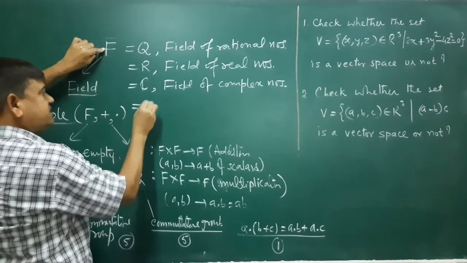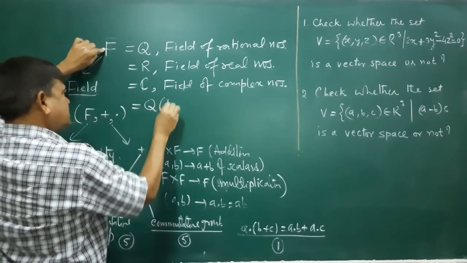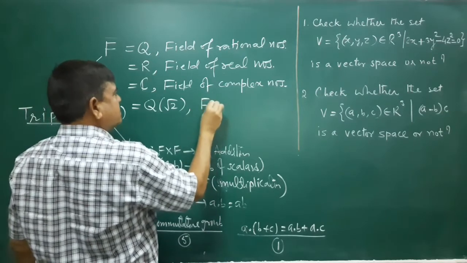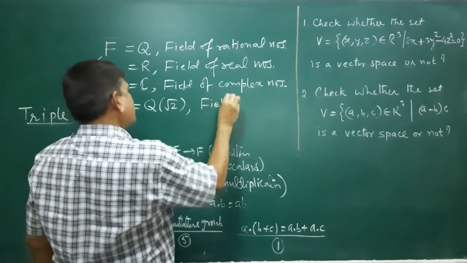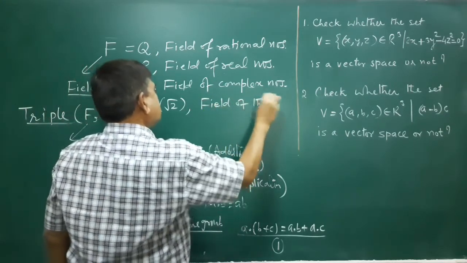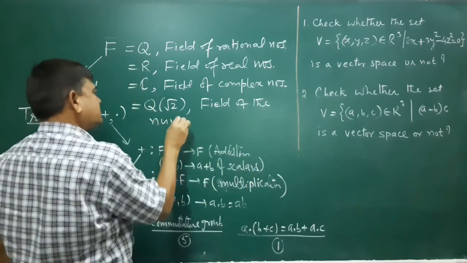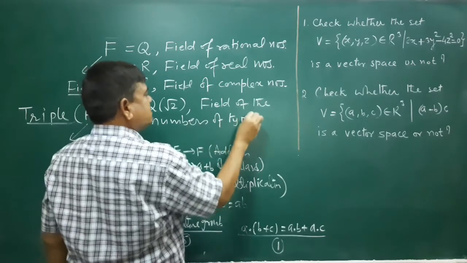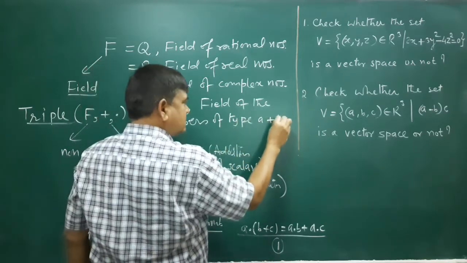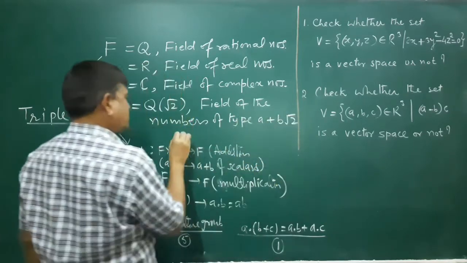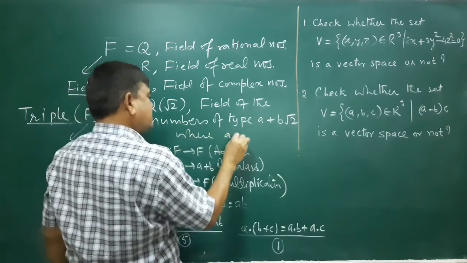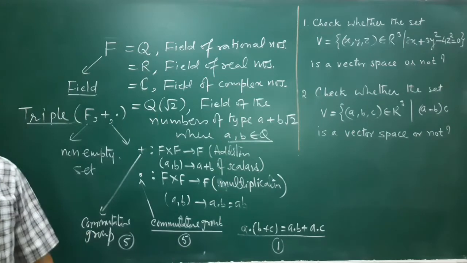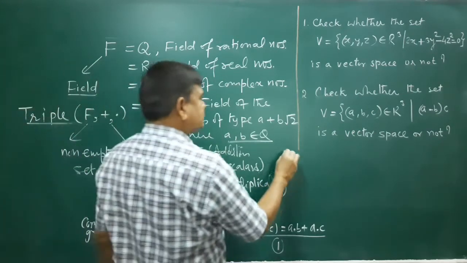Suppose I say it is the field of numbers of type a plus b root 2, where a, b belong to Q. a and b are numbers.